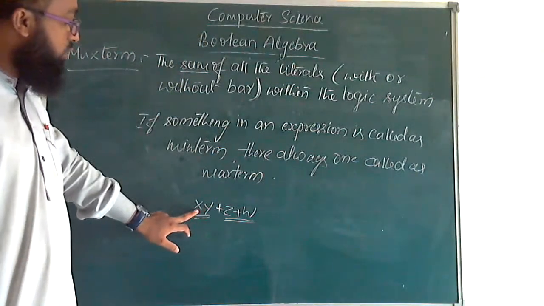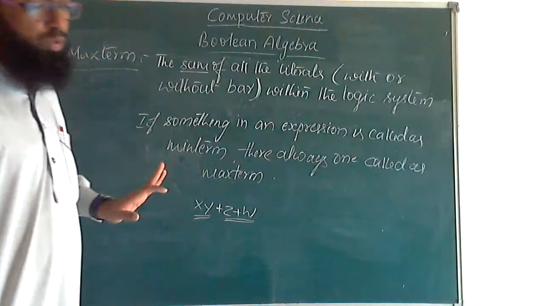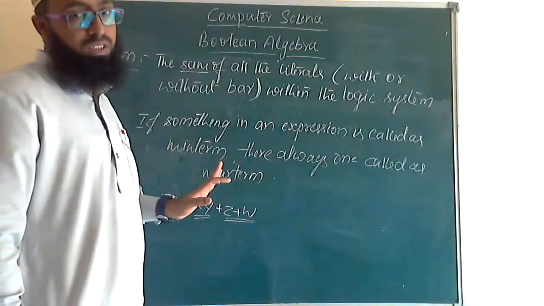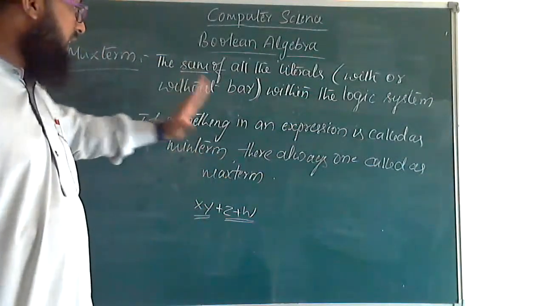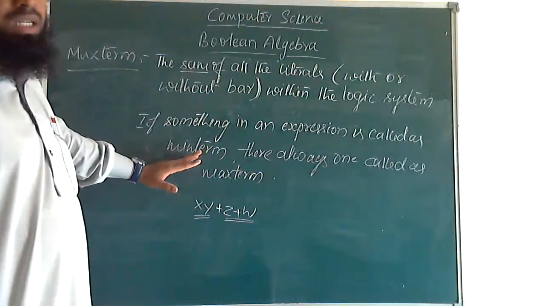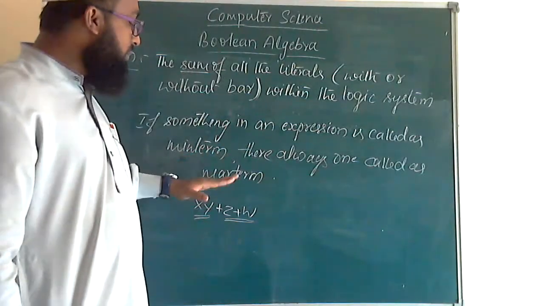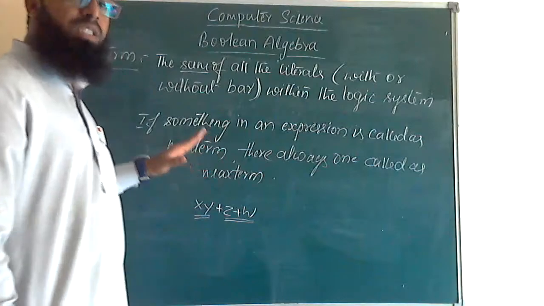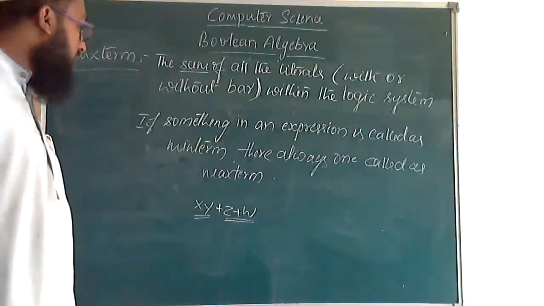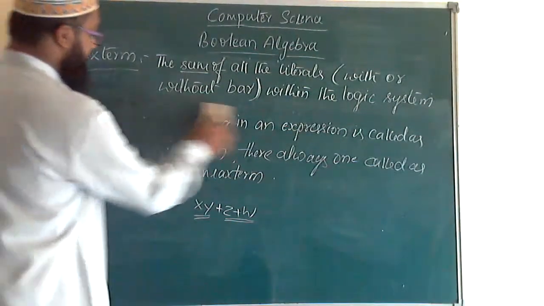This is the product of two literals. This is the sum of two literals. Wherever we write the expression, in that expression, if any min term is there, then surely a max term must be present. So how can we express this max term?